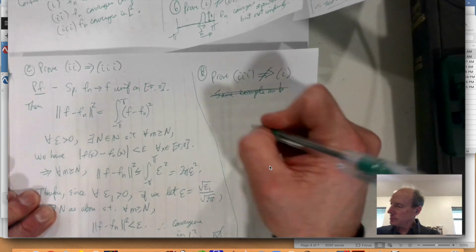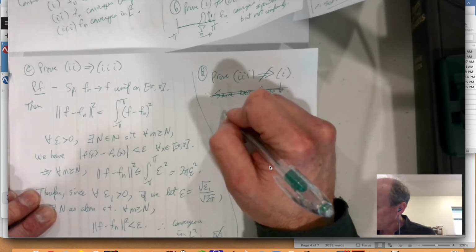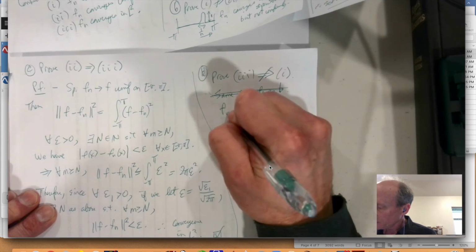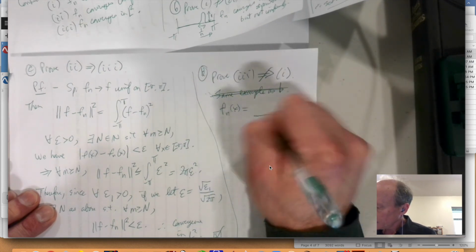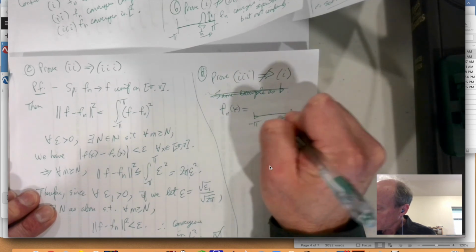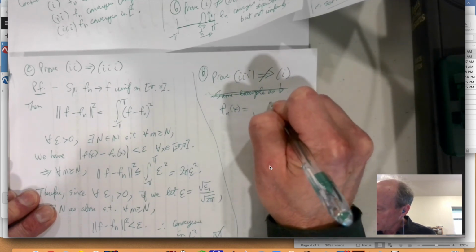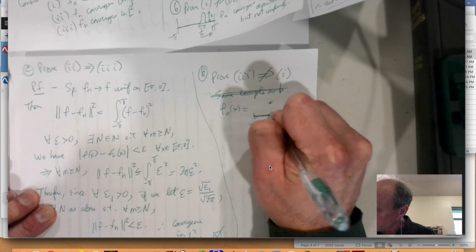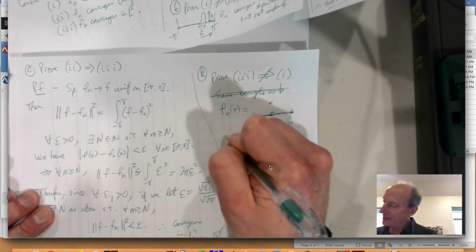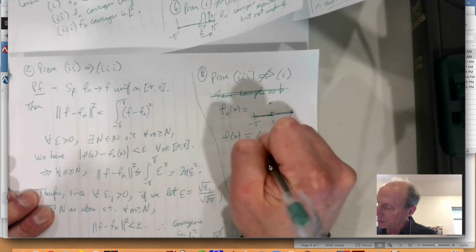Oh, well, just how about this? Have it just be 1 at 0 and then 0 everywhere else, just independent of n, and then f of x equals 0.